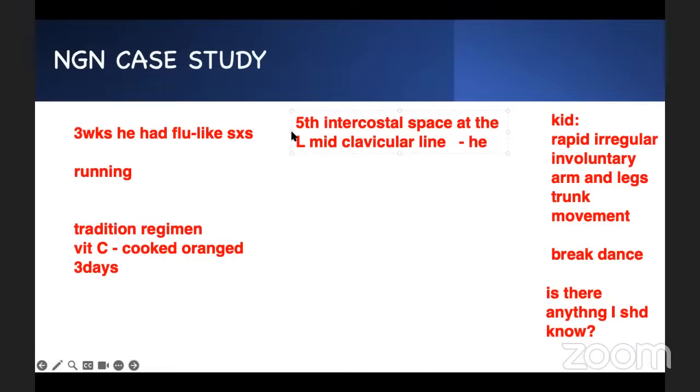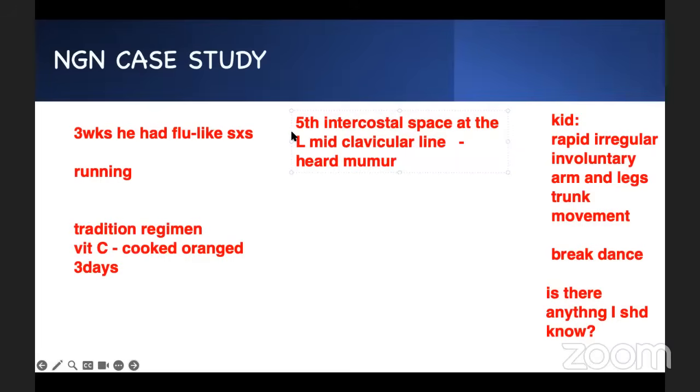So he had a murmur over there. That space you should know. If you know the space, you know what kind of valve is involved. And with all these cases, you can put it together. 5th intercostal space. So if they give you a question, say, where would you listen to find out murmur in this kid? 5th intercostal space at the left mid-clavicular line.